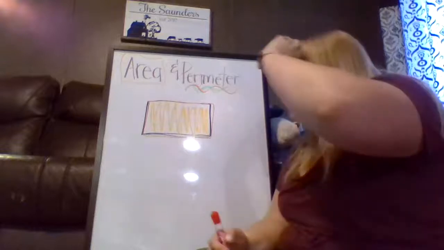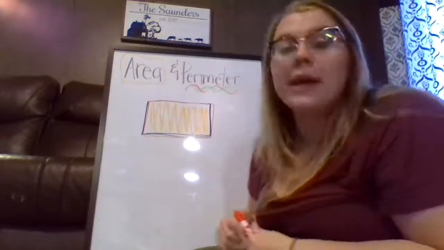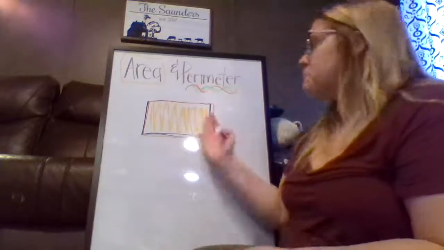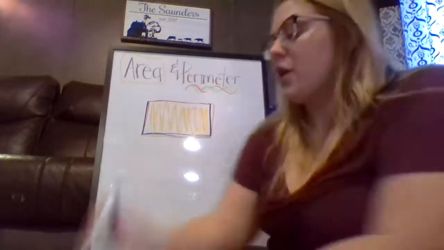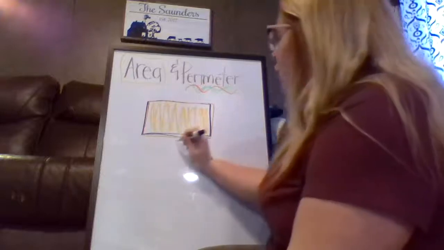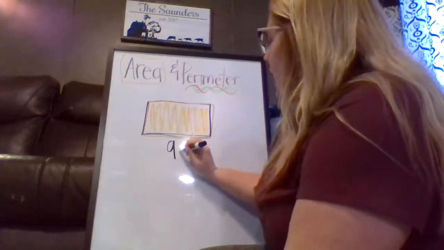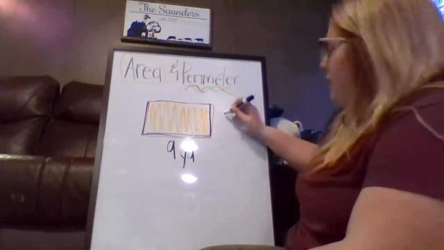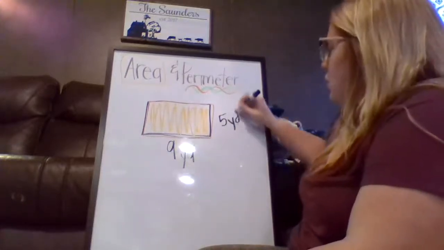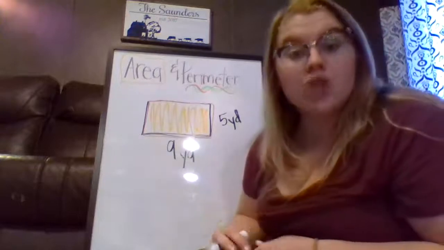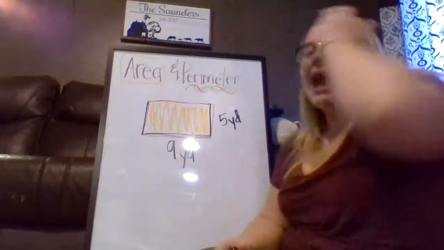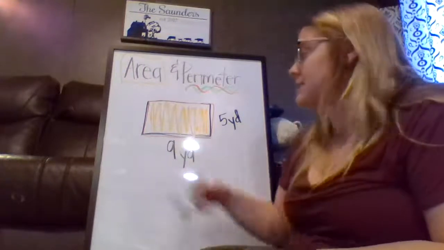A lot of times area and perimeter will be in word problems. And so it might say John had a backyard. John's backyard was 9 yards long and it was 5 yards wide. If John wanted to plant grass seed in his entire backyard, how much grass seed would it take to fill the area?